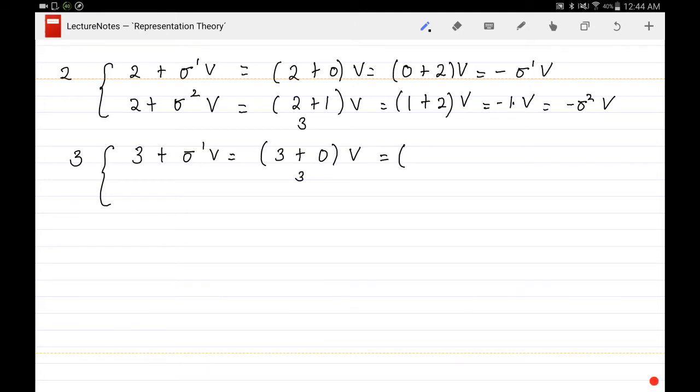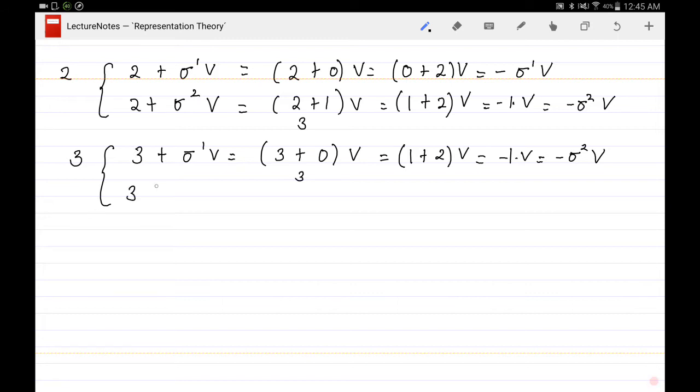Well, an element from our left transversal set will be 1, an element from our subgroup will be 2. And then the 2 acts on V, and in our representation, 2 acting on V produces a minus V. And so we have 1 V. And then 1 is an element from our second coset.